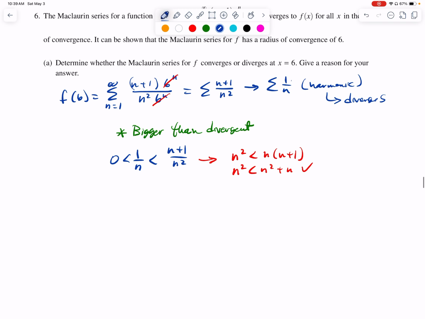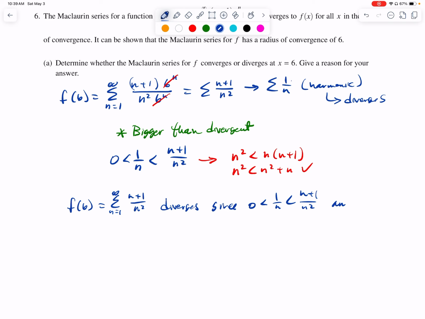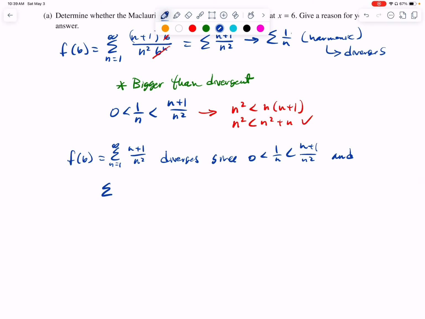And I would say something along the lines of f of 6 is equal to summation from n equals 1 to infinity of n plus 1 over n squared diverges since, let's say, 0 is less than 1 over n, which is less than n plus 1 over n squared, and our summation from n equals 1, I guess, to infinity of 1 over n is the divergent harmonic series.